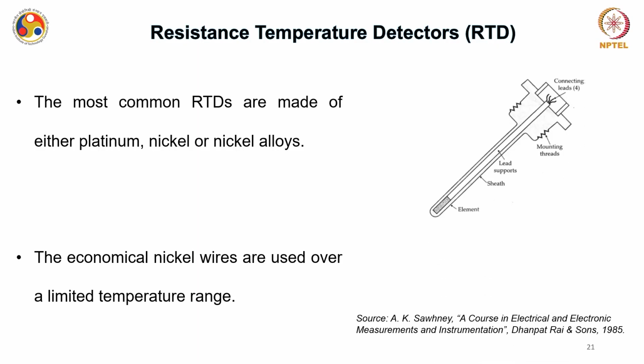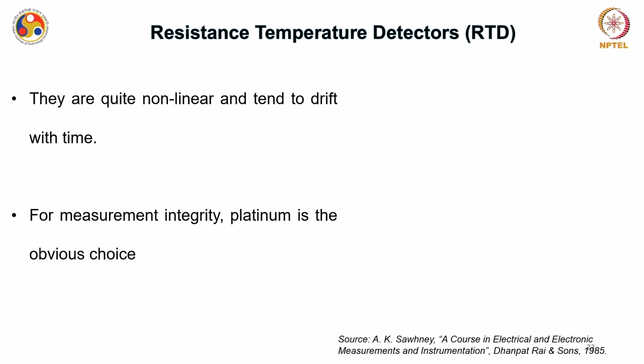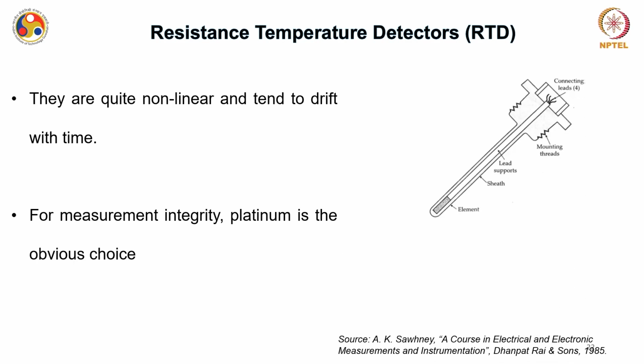The most common RTDs are made of either platinum or nickel, or sometimes some alloys of nickel. The economical nickel wires are used over a limited temperature range, and industry knows exactly in what temperature range they will be working, and accordingly chooses among them. Either they can go with nickel or nickel alloy or with platinum based devices.